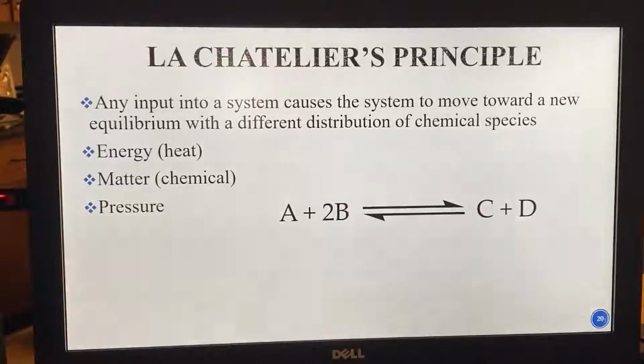That changes each one of those reactions. That changes this, because it's pressure or some heat or some chemical. We add a chemical to it, it changes a reaction somewhere in that system. And that's basically what Le Chatelier's principle is talking about.